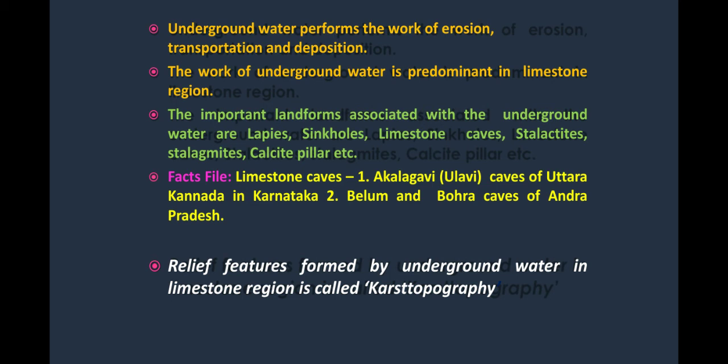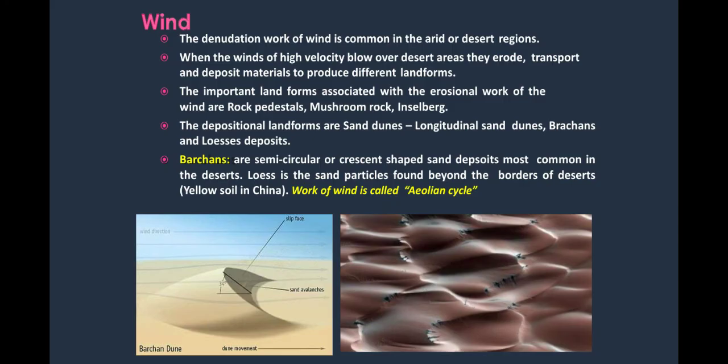Then next we go to the work of wind, and how wind forms different landforms. The denudation work of wind is common in arid or desert regions. When winds of high velocity blow over desert areas, they erode, transport and deposit materials to produce different landforms. The important landforms associated with the erosional work of the wind are rock pedestals, mushroom rocks, and inselbergs.